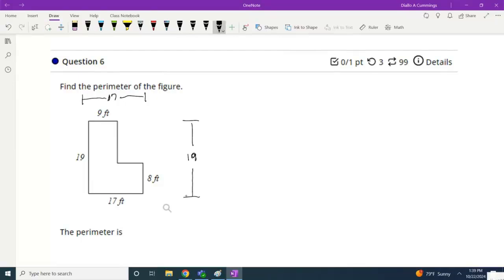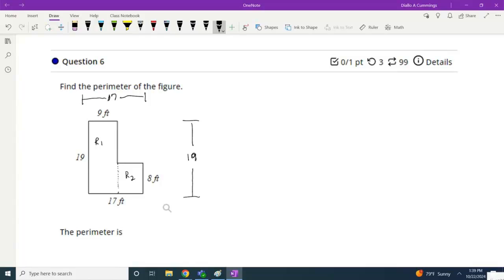So I'm going to break this up by drawing a line here. I can clearly see that I have two rectangles. I'm going to call this rectangle 1, and I'm going to call this rectangle 2.